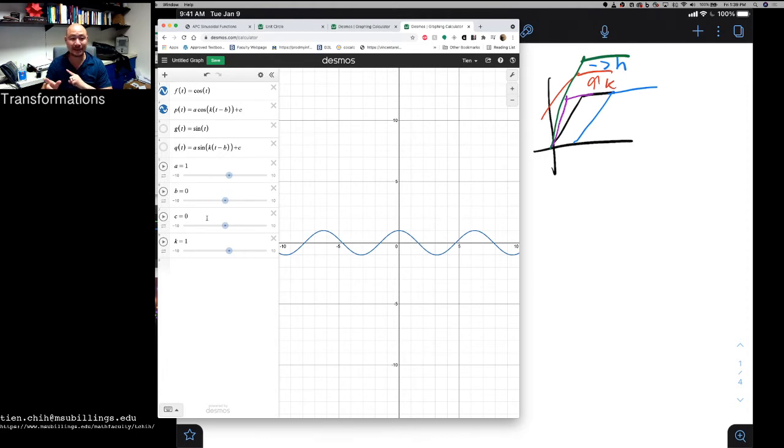And so that gives us 1 times cosine of 1x, which is cosine of t.